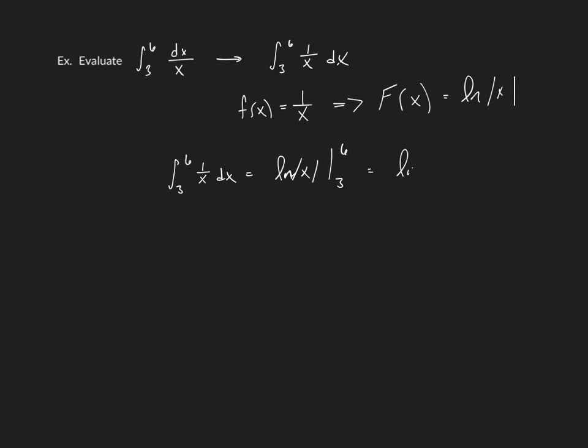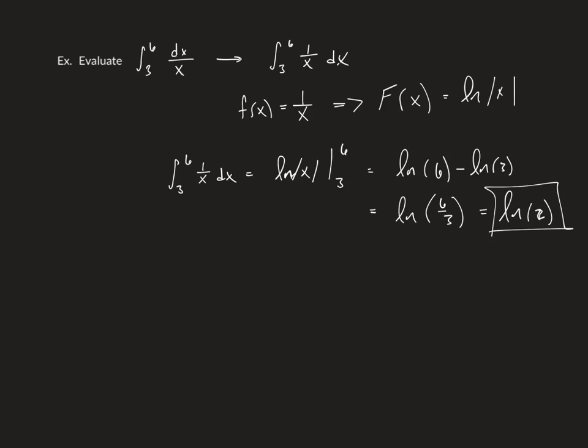So that's going to be ln of 6 minus ln of 3. Which I could rewrite using my log properties as ln of 6 over 3, which is ln of 2. So that's the value of the area under the curve there.